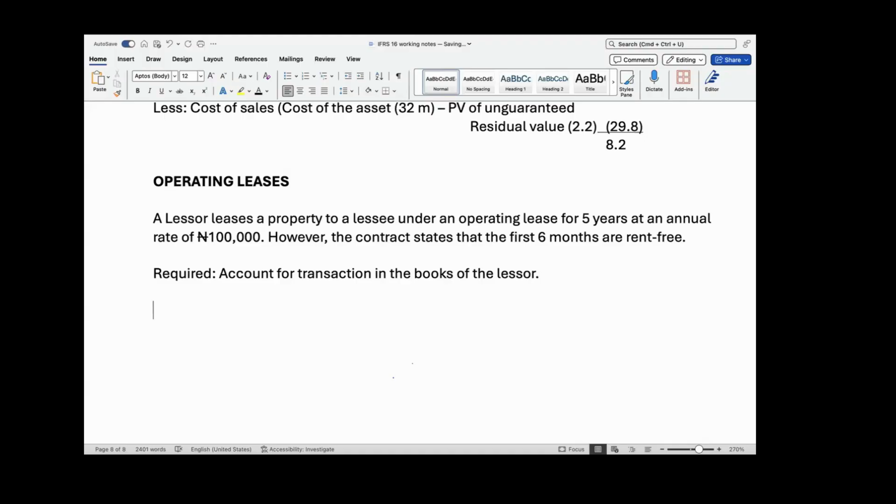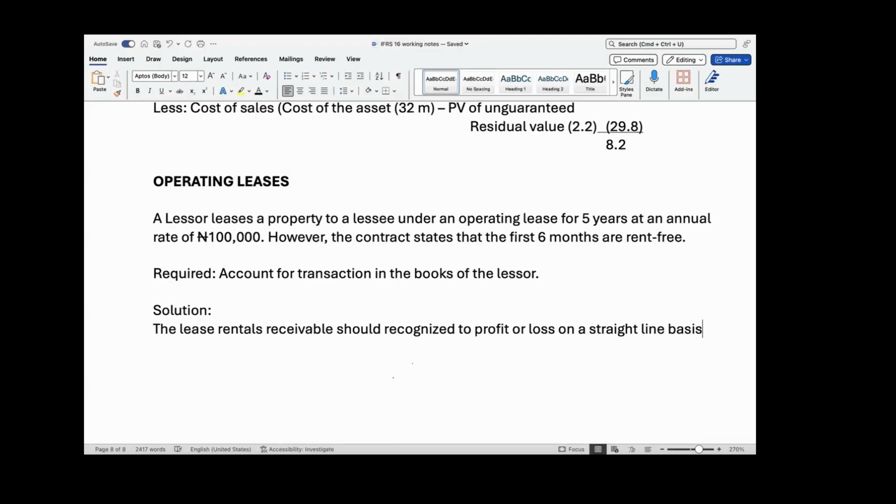So in this case, for operating lease, the lease rentals receivable should be recognized to profit or loss on a straight line basis.